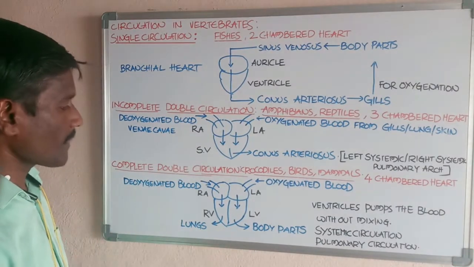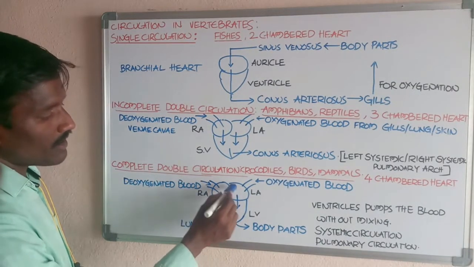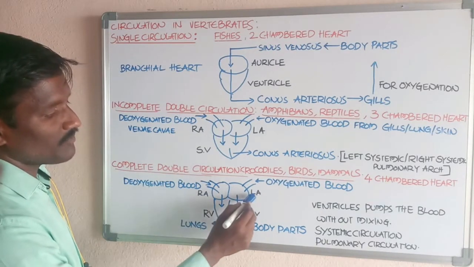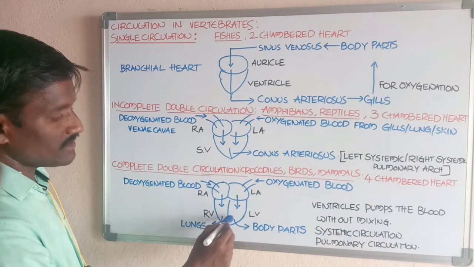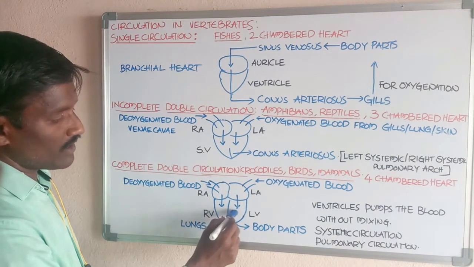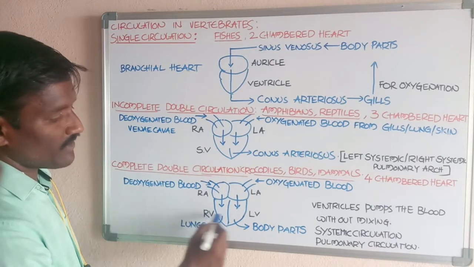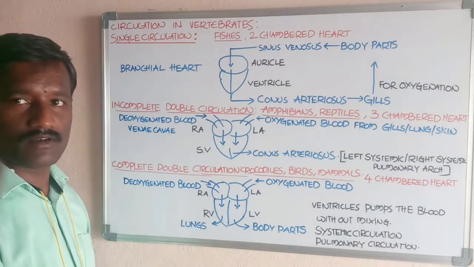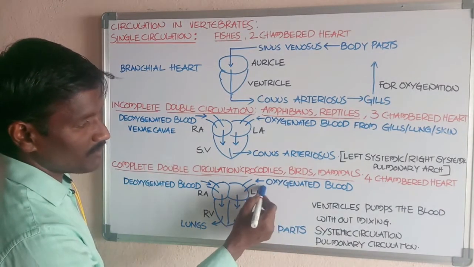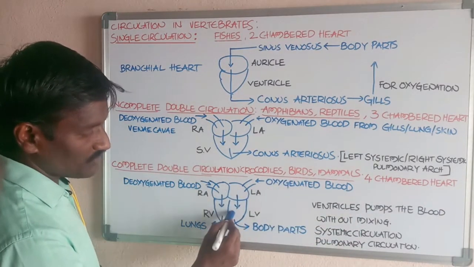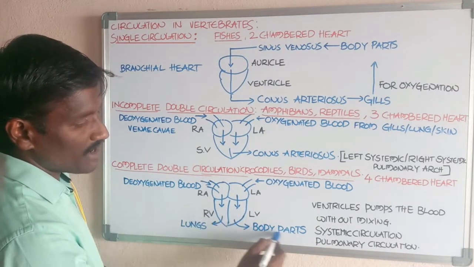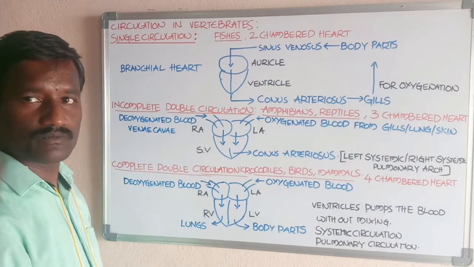The heart is divided into four chambers: the upper two chambers, the right atrium and left atrium, and the lower two ventricles, called the right ventricle and left ventricle. The left atrium receives oxygenated blood from the lungs and pumps it into the left ventricle. The left ventricle pumps the blood into the body parts.